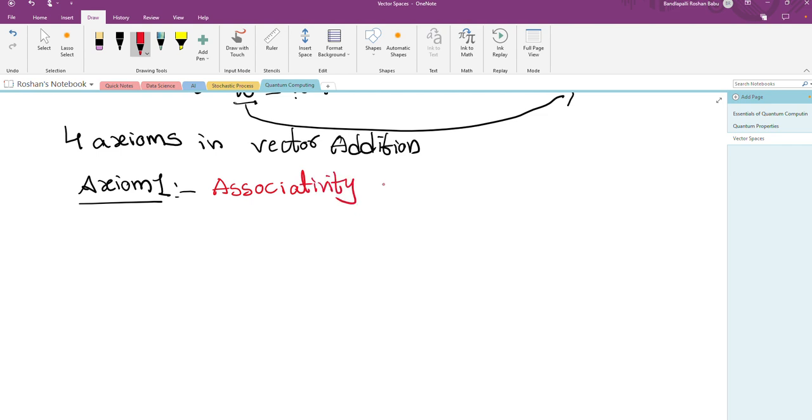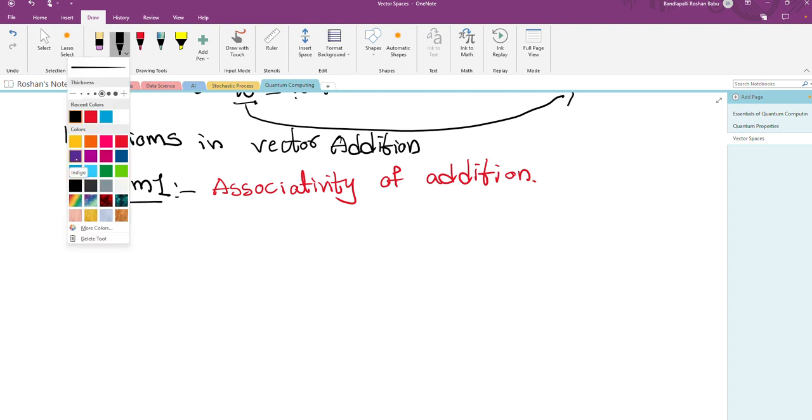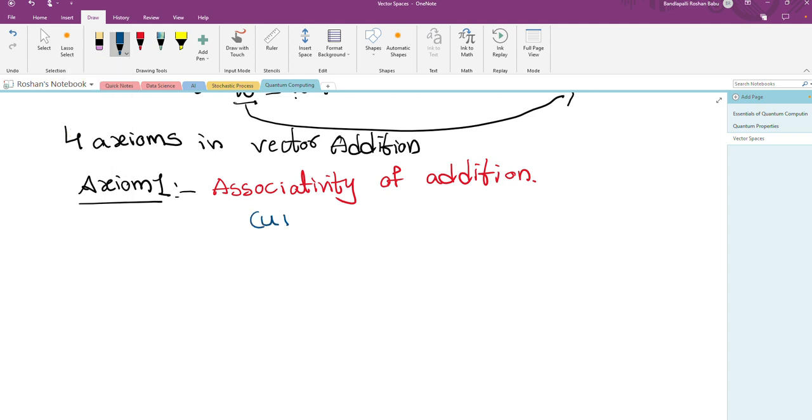Associativity rule of addition. It means addition of u plus v plus w should be equal to addition of vector u plus, bracket open, vector v plus w. The LHS result should be equal to the RHS result.